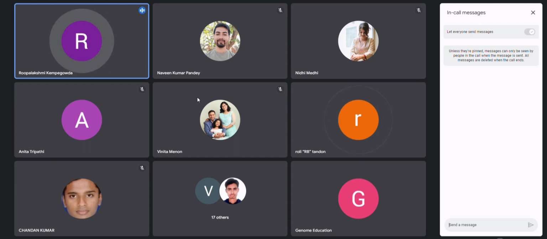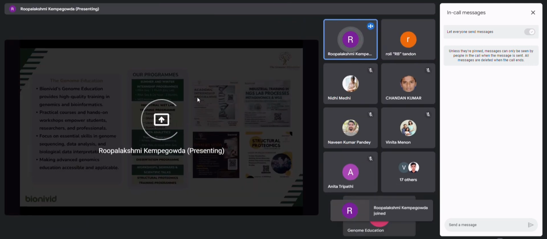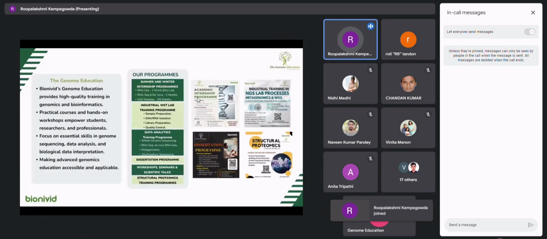In dry lab training, depending on the application, DNA or RNA sequencing, we will train you in data analysis, interpretation, and generation of publishable figures and pictorial representations. The duration varies: if you want both wet lab and dry lab training, it will be 3 to 6 months, or if you want just a simple individual application, like transcriptome sequencing library preparation, it will be a 10 to 12 day training program. It depends on your requirement.